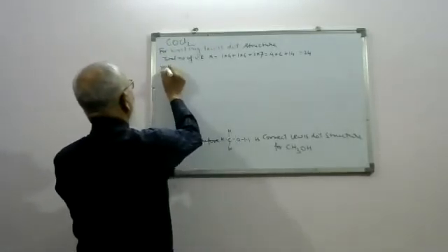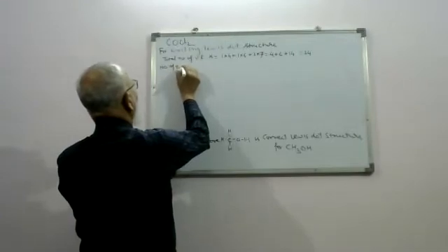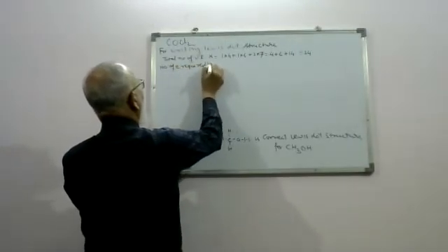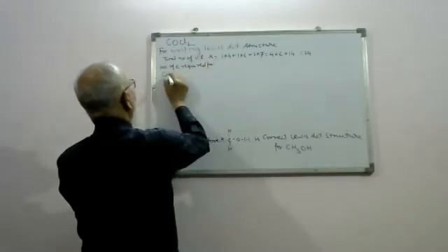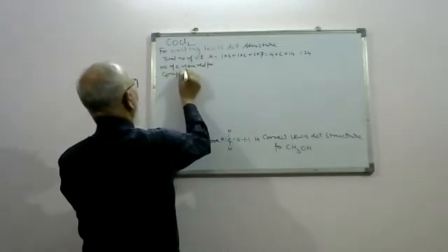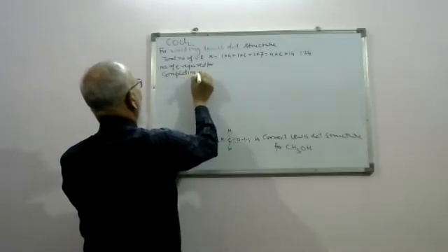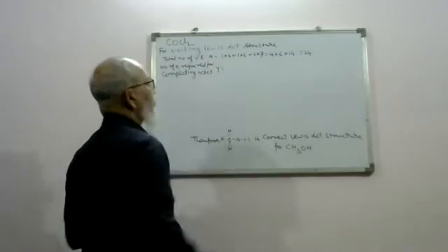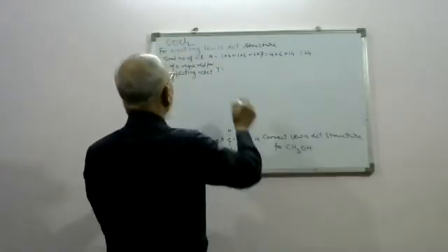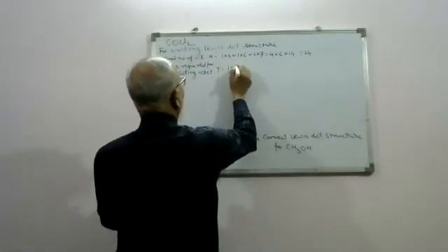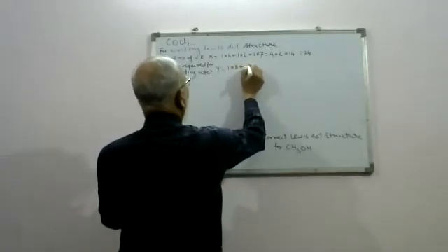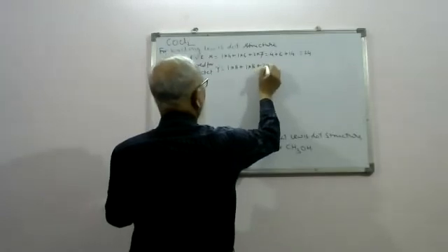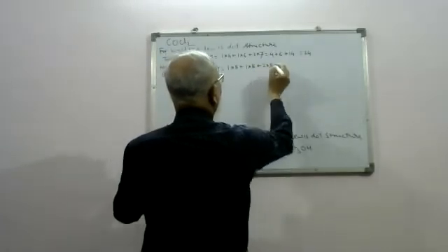Number of electrons required for completing octet, suppose it is Y. This will be equal to 1 into 8 for carbon plus 1 into 8 for oxygen plus 2 into 8 for chlorine.